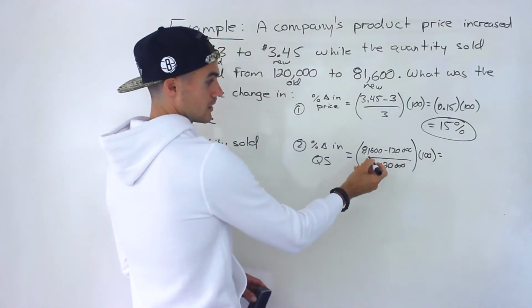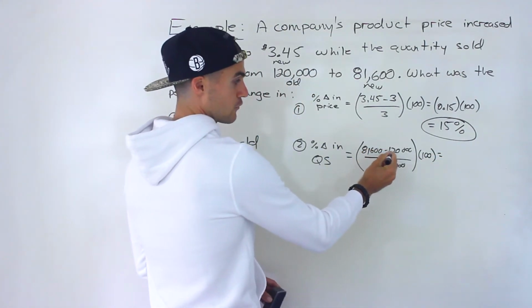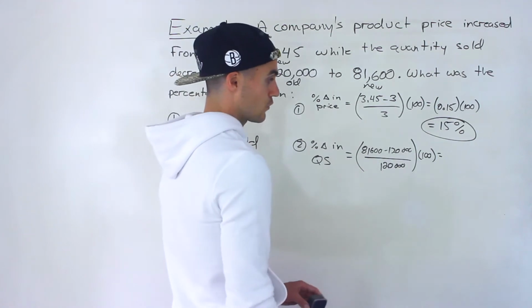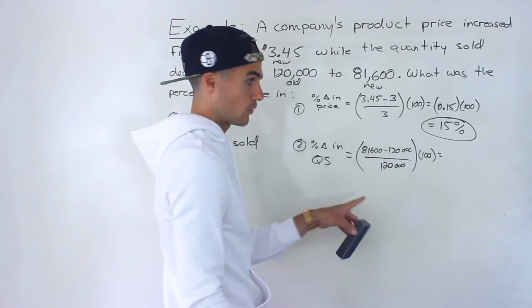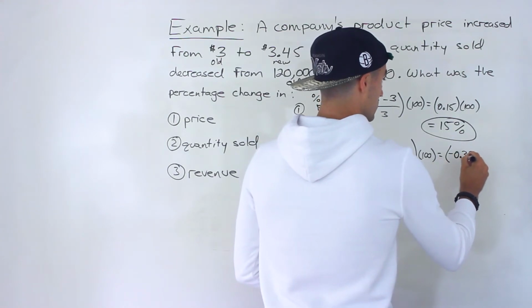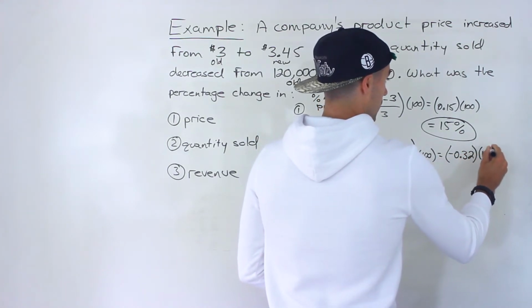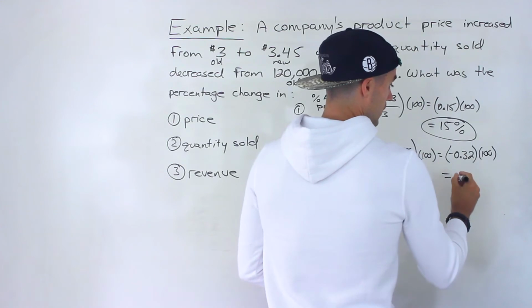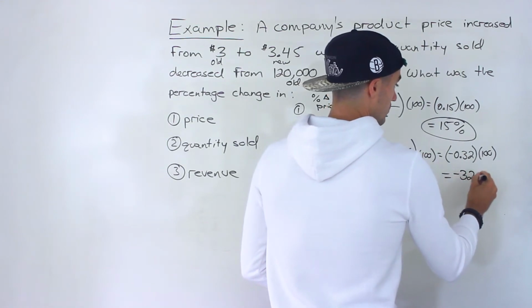And this would end up being negative 38,400 in the numerator over 120,000 would give us negative 0.32. Multiplied by 100, we'd end up with negative 32%.